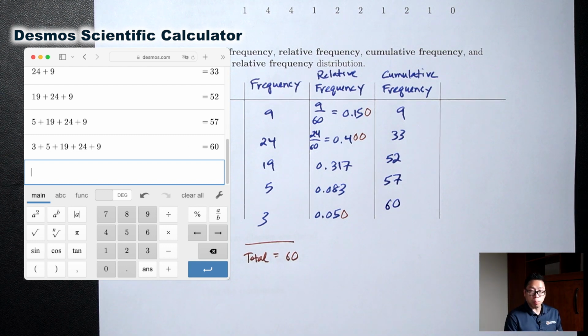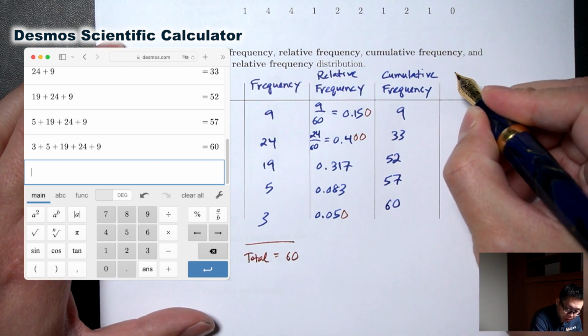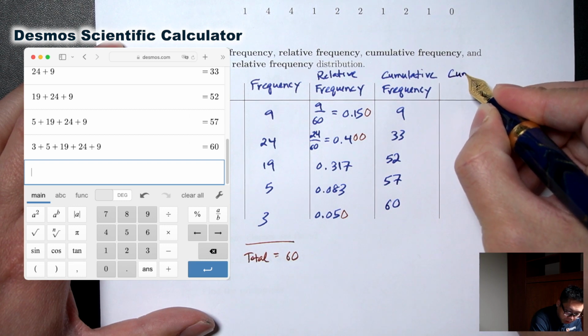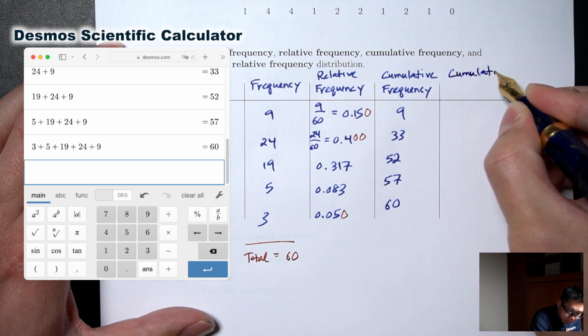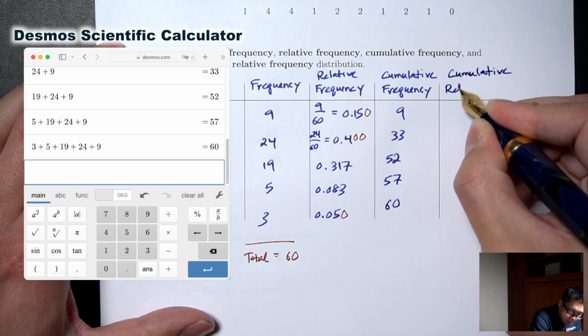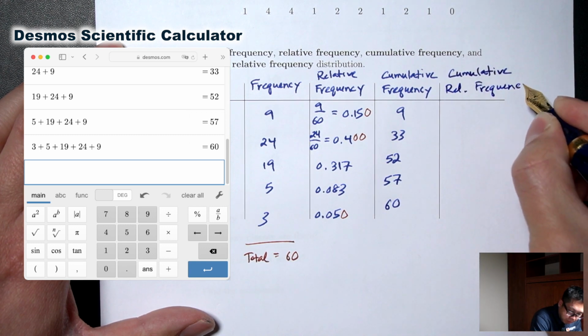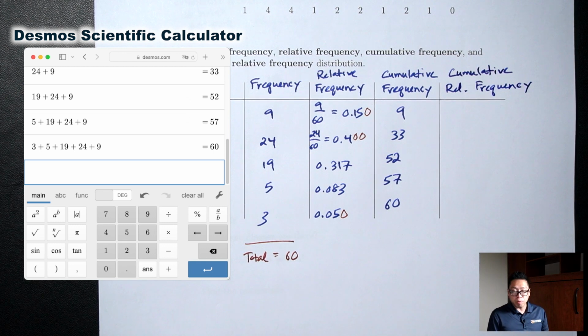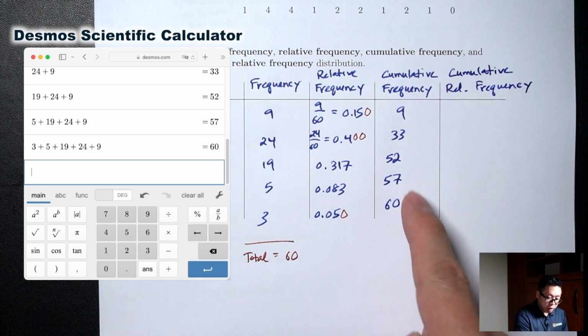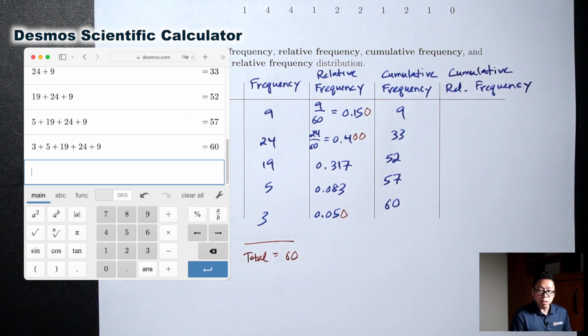We'll talk about the interpretation of this a little bit later on. And then finally, we can also talk about the cumulative relative frequency. And anytime you see the word relative frequency, you're basically converting to a percent. So we're going to take all these cumulative frequencies and divide it by the total number of households or people in the sample.